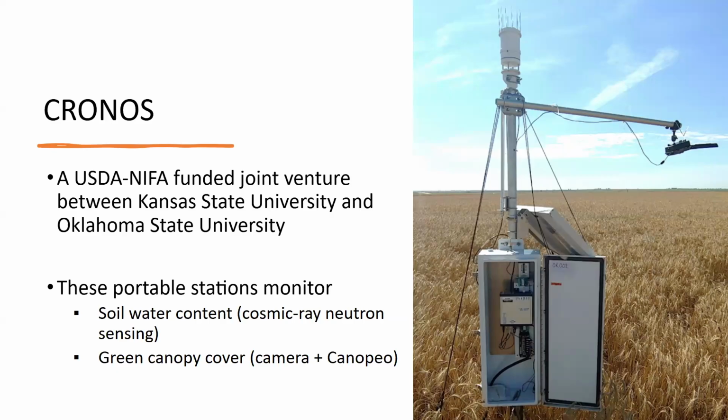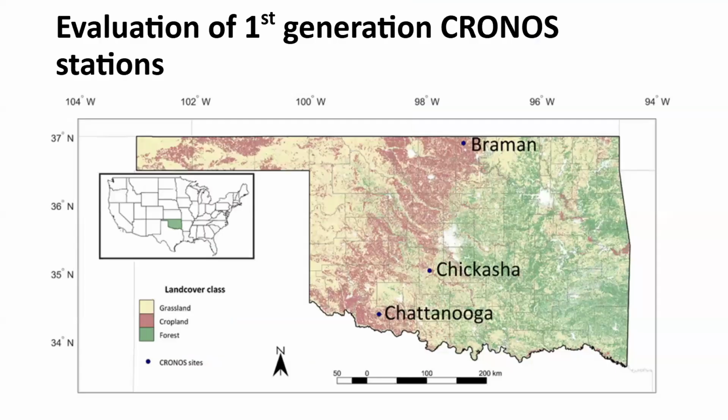We use a digital camera, just looking downward at the crop to take digital images, and we process them with an algorithm that Andres developed, the Canopeo algorithm, that measures the green canopy cover of the crop as the crop grows and develops. And then we're using an all-in-one weather station up on the top, as you also saw in Vinit's slides.